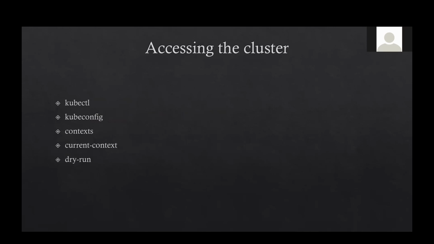Okay, so to access the cluster, we use kubectl. Kubectl is a Kube controller tool written to provide you access to the cluster, right? What it does is it connects you to the cluster and then forwards your request to the API server.